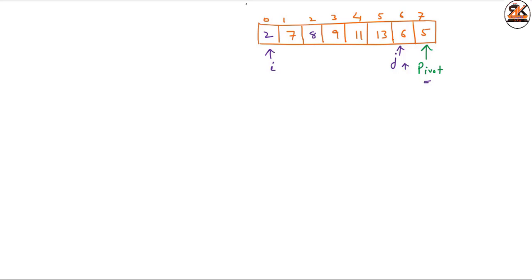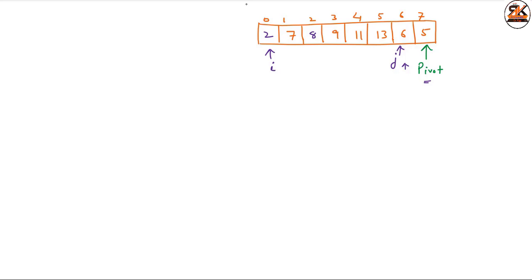We have to exit from this loop, and then what we do is we have to exchange the contents of i + 1 and the pivot element. Fine. Which means that we have to exchange a of i + 1 and a of pivot or a of end.